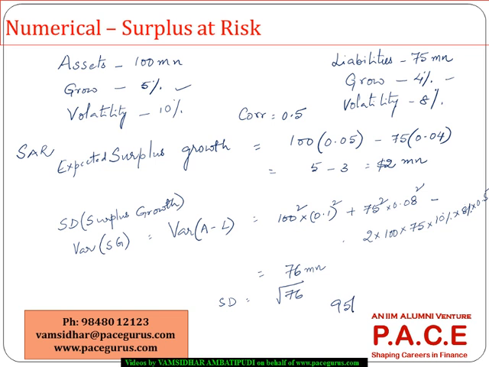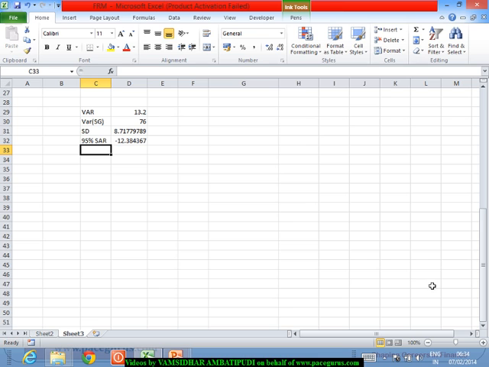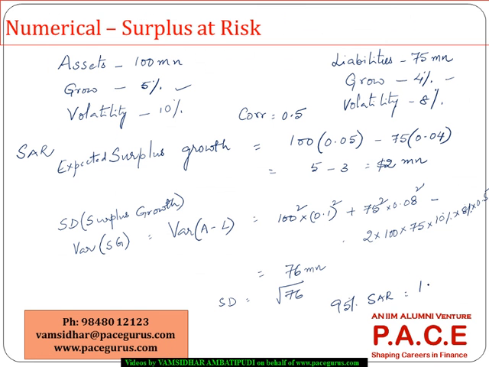So the 95% surplus at risk is 12.38 million. What do we mean by this?